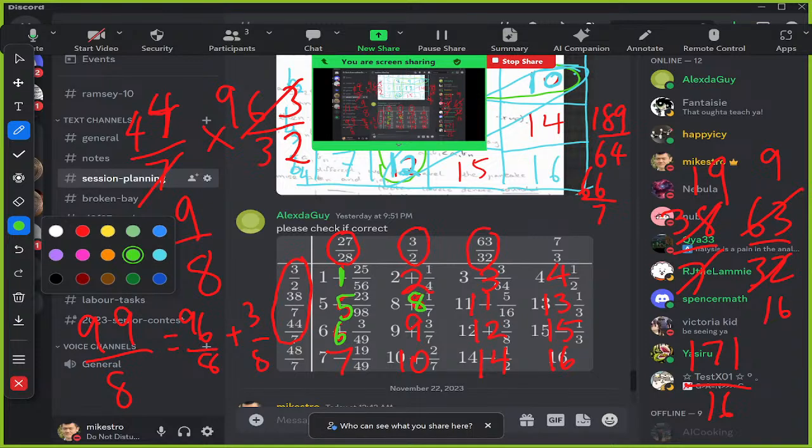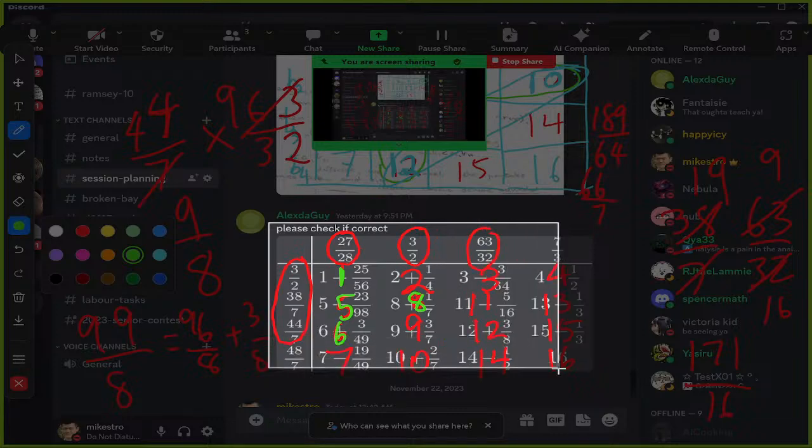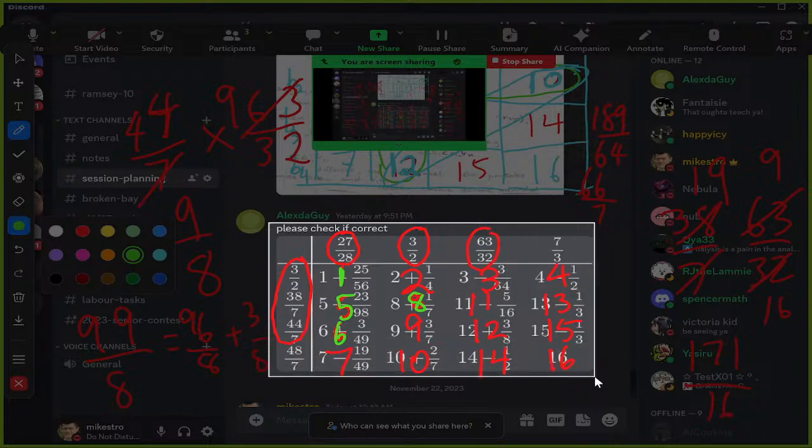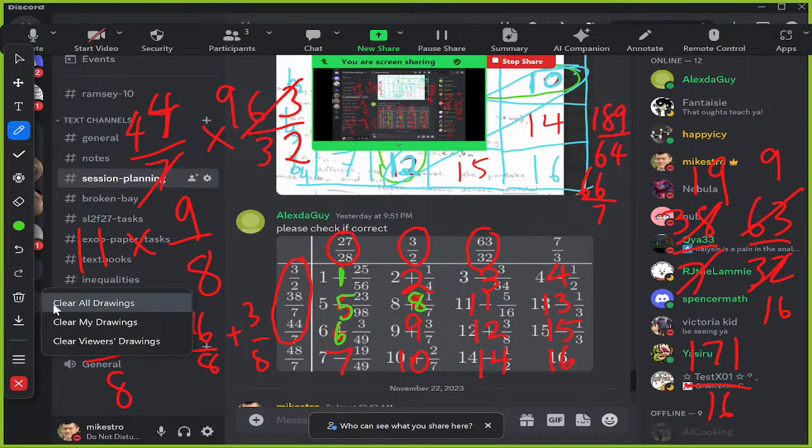So the stuff in green. Okay. Okay, you got it?